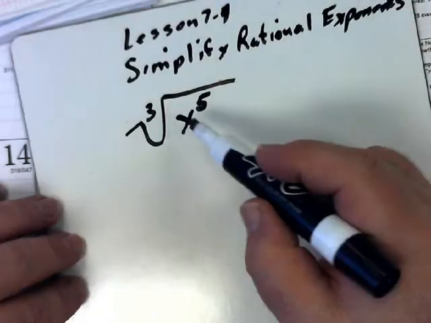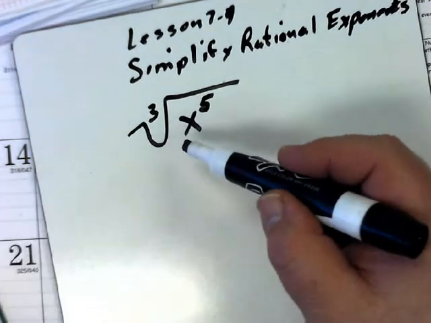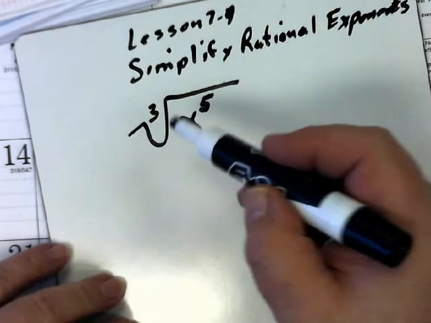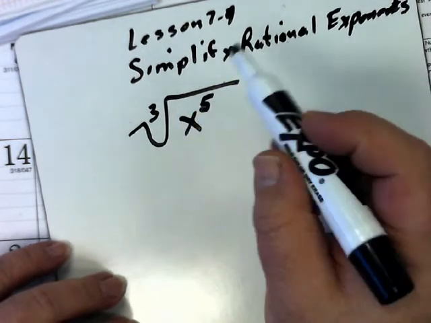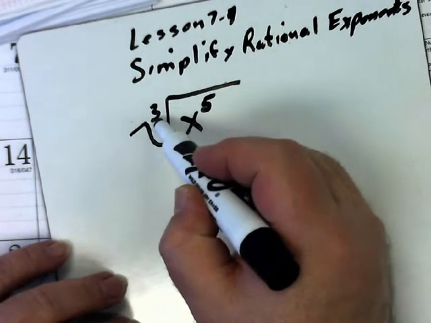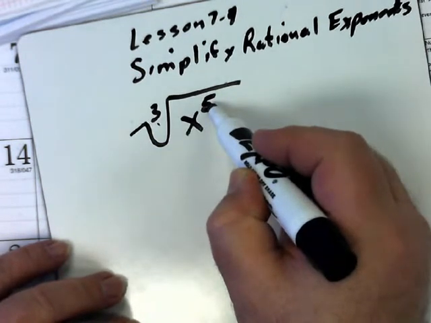When I am working with variables, simplifying when it's in radical form is really easy, because all I need to do is take the index that we talked about yesterday and divide it into the exponent that is presently there inside.